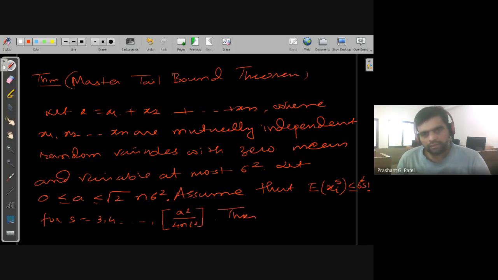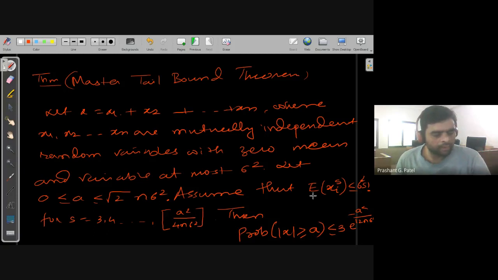Then the probability of mode of x greater than or equal to a is less than or equal to 3 times e to the power minus a square upon 12 n sigma square. The proof of this one is given in the book by Blum, Hopcroft and Kannan, Foundations of Data Science. That is the book name.